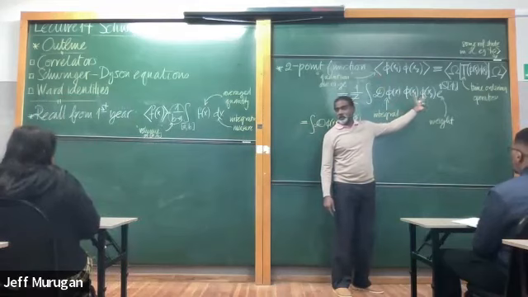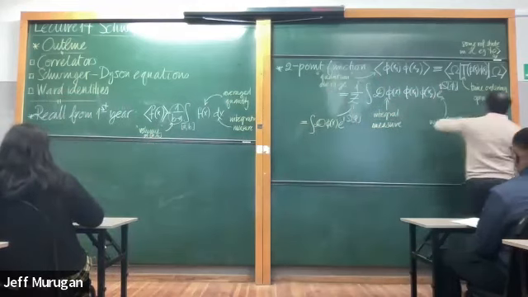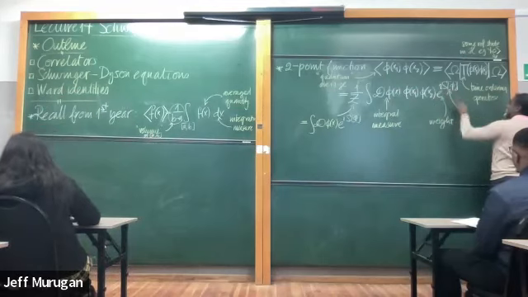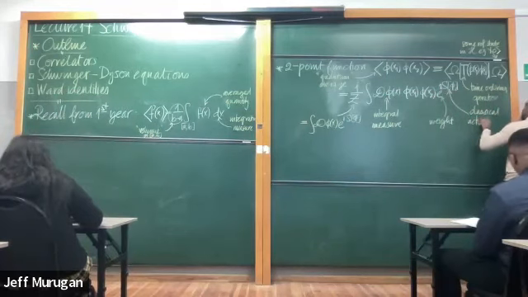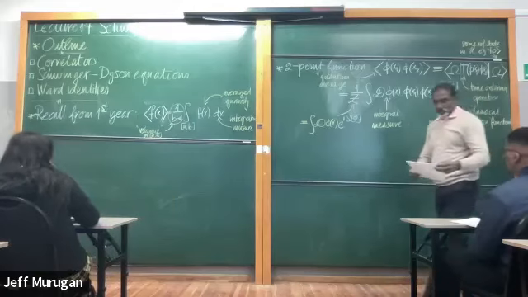Classical fields don't have any ambiguity associated. And then it's weighted by the classical action. This is important.